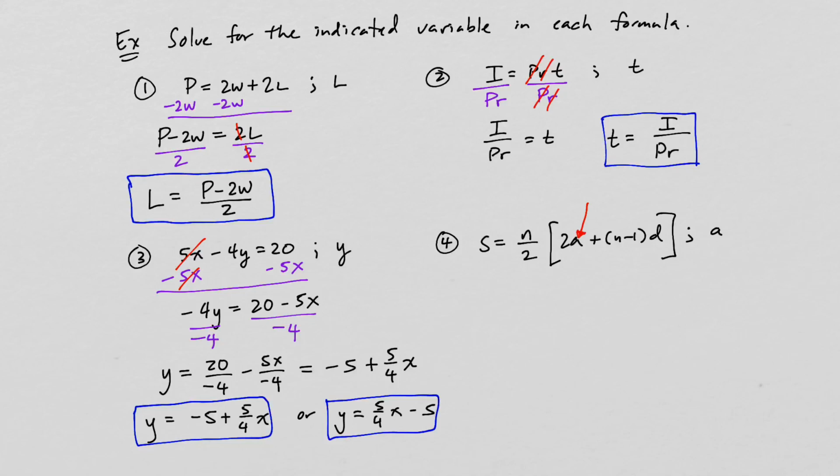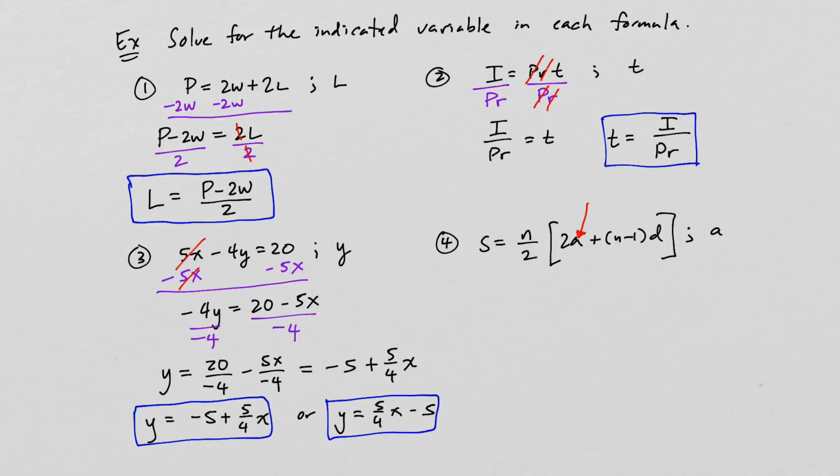So in other words, what I'm going to do here is just multiply both sides of this equation by 2. If I multiply by 2 on both sides, that's going to cancel the 2 here in the fraction.